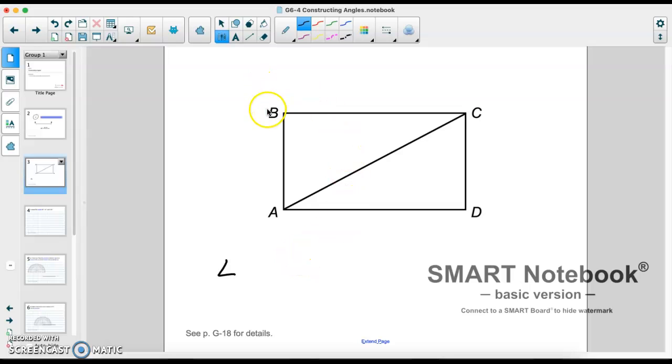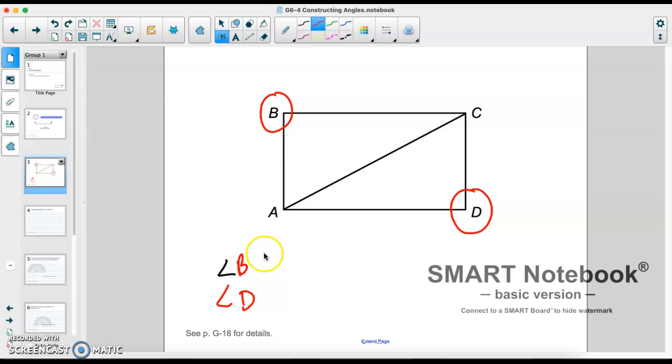Now in this picture, there's actually a bunch of different angles that we could name. There's only two, and I'm going to circle them in red, that we can actually just use the one letter. So we could say this has angle B, and then this has angle D. Okay, so I use the symbol so that you know what I'm talking about, and then I name the one specifically.